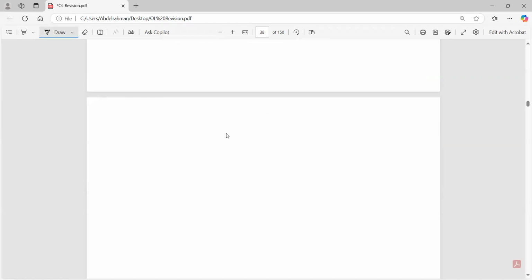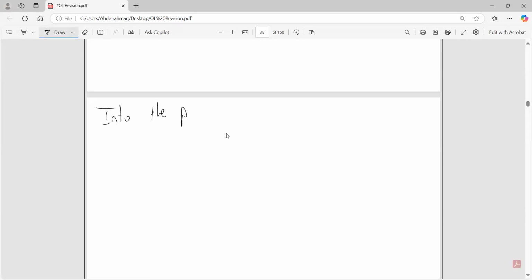Into the page, he would draw a very small X, indicating that the current is into the page.